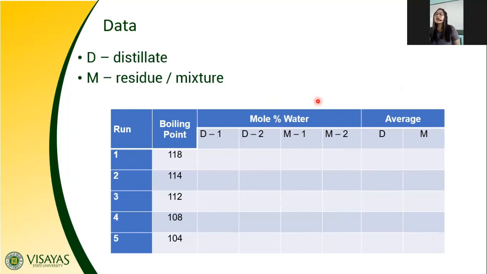So how do we get the mole percent of water? In a mixture, the mole fraction is 1.0, or 100 mole percent. So it is simply 100 minus the mole percent of the acetic acid. That would be your mole percent of water.